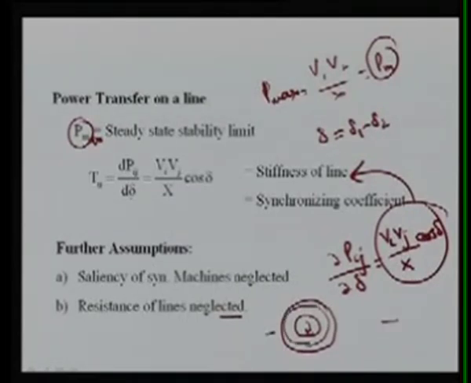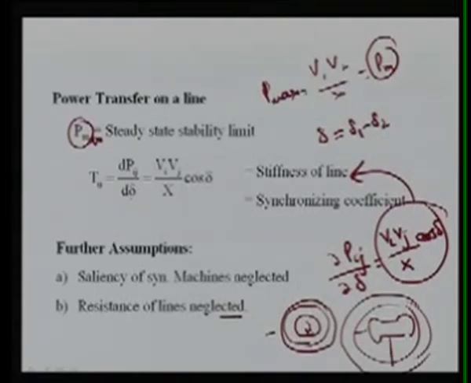If we have poles and a different air gap in the machine, this is called a salient machine, and this is the saliency of the machine. So we can ignore it, that is, we can write Xd prime equal to Xd and ignore the saliency. We assume that both quantities are very close, but normally it is not so; they are very different. Also we ignore the resistances of the lines, and even of the transformer, and the resistance of the synchronous machine is also ignored.